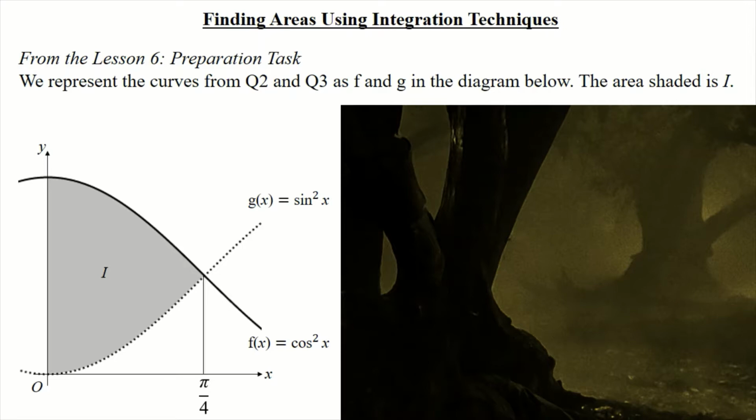Similarly, in question 3 I asked you to integrate sine squared x between the same limits. This was called I2. We also have on the diagram I as the area between the two curves, and this was actually question 1. We have a value for this of 1/2, and what I'd like to do first of all is to explore the implications of the diagram and what we saw in the preparation task.